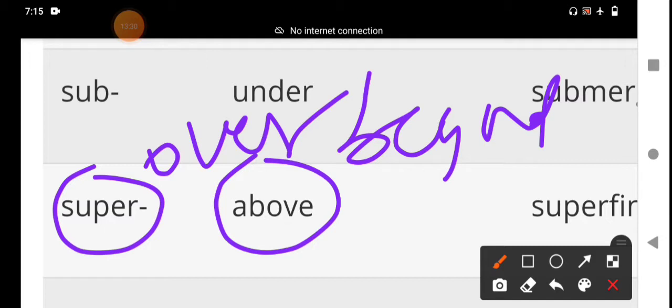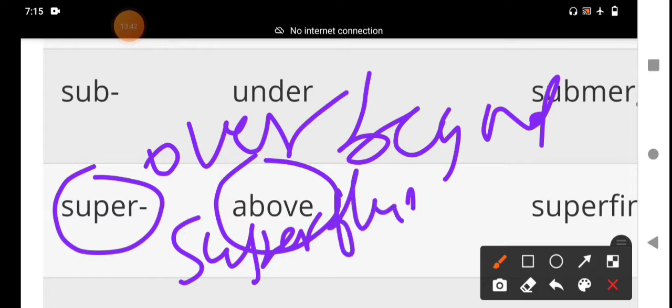For example, superfluent. We are speaking superfluently. Superfluent is an adjective. The meaning of superfluent is flowing freely or flowing richly, in a way of talking, a way of speaking. He is speaking superfluently, richly, freely.